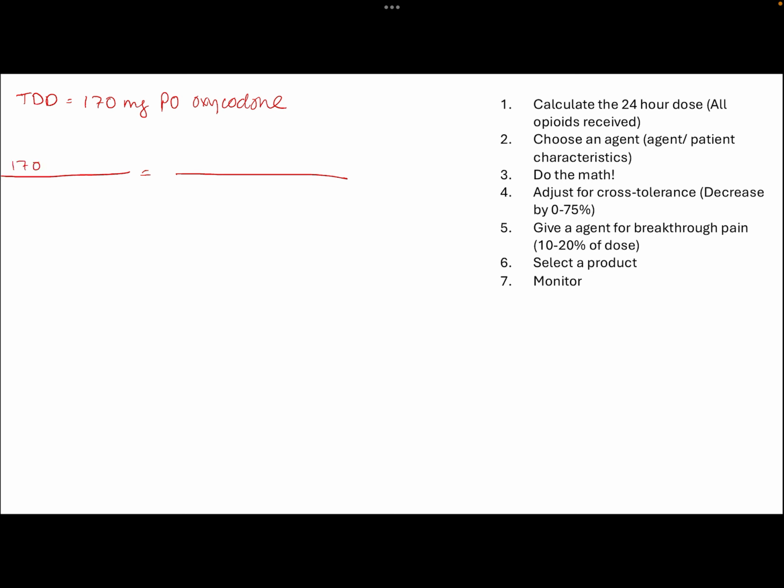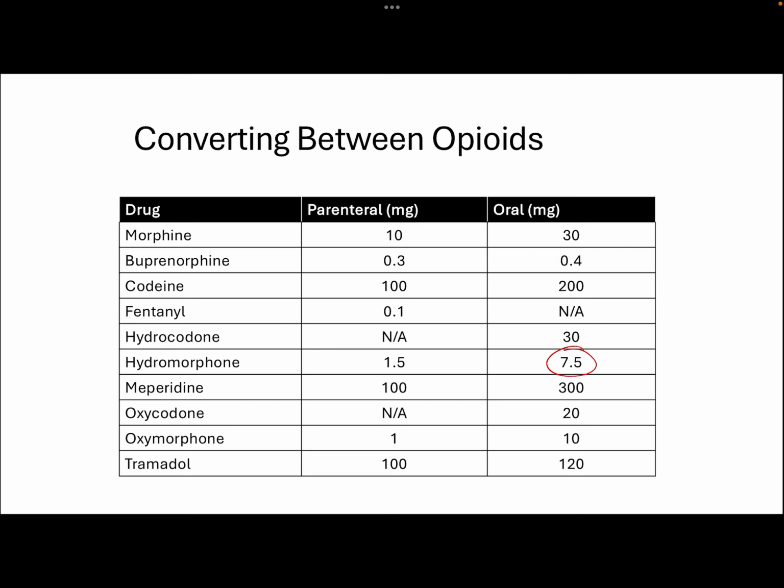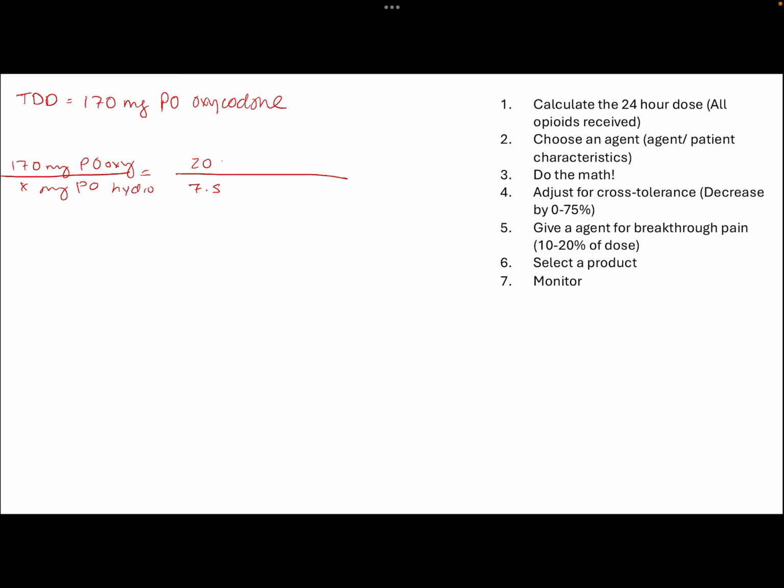So we're going to put 170 milligrams of PO oxy over X milligrams of PO hydro. So this would be 7.5 once again. So the 7.5 is here over 20. Cross multiply.